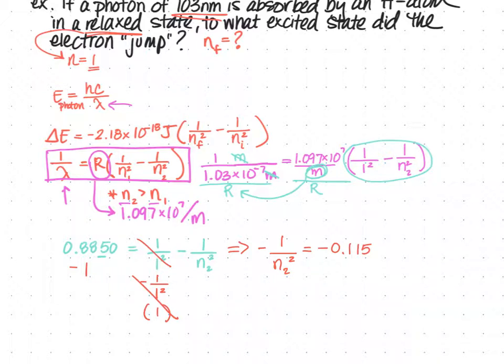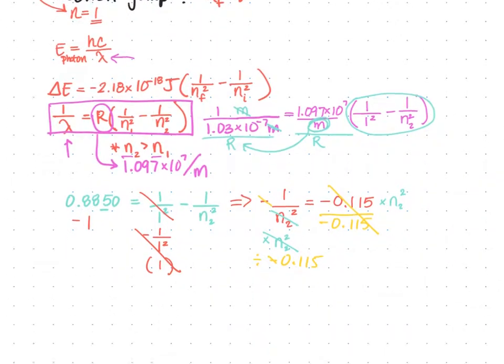I can multiply n2 squared over, times n2 squared. Then I can divide by negative 0.115. Notice that cancels the negative out. Let's pull this up.